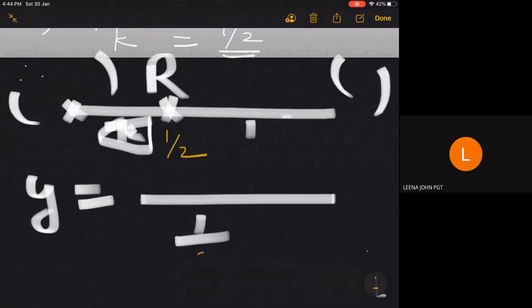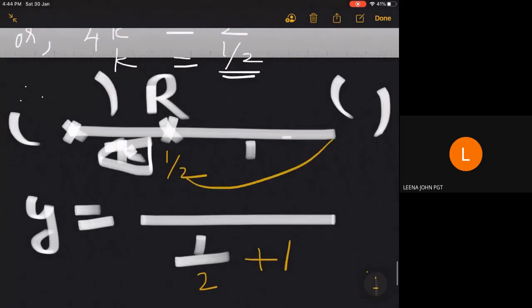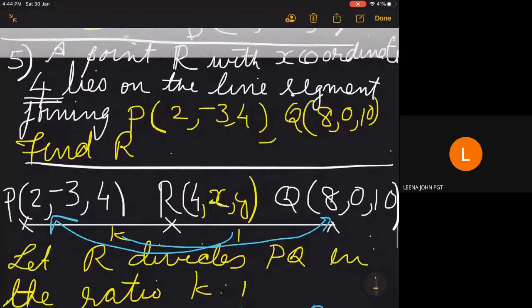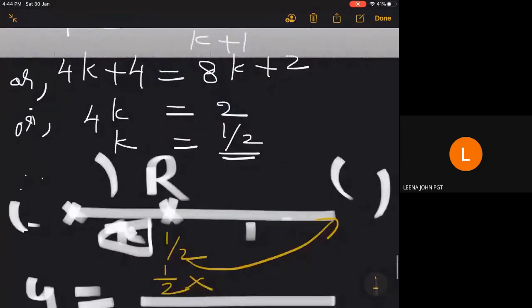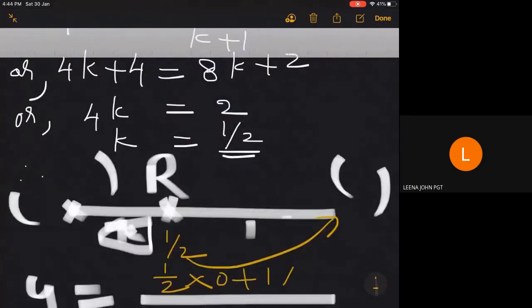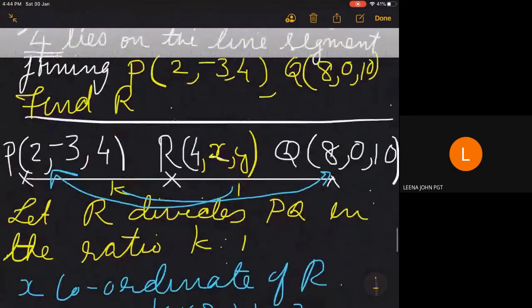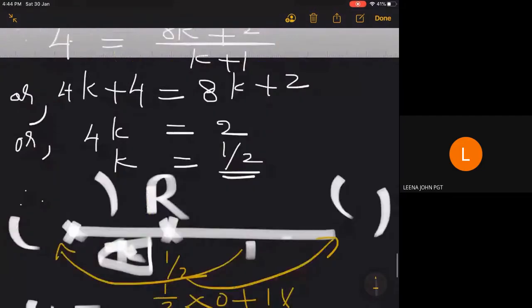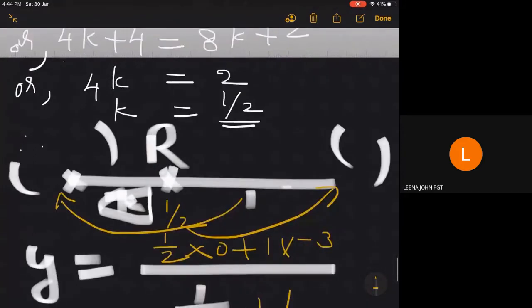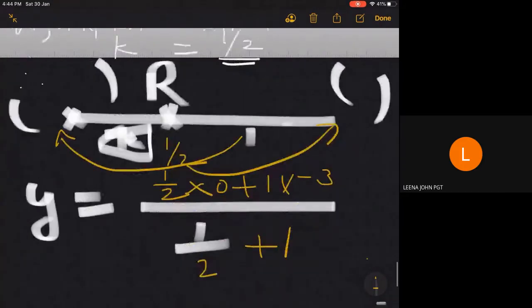So the denominator becomes 1 by 2 plus 1, and the numerator is 1 by 2 into the y coordinate of Q, that is 0, plus 1 into the y coordinate of P, that is minus 3, divided by 1 by 2 plus 1.